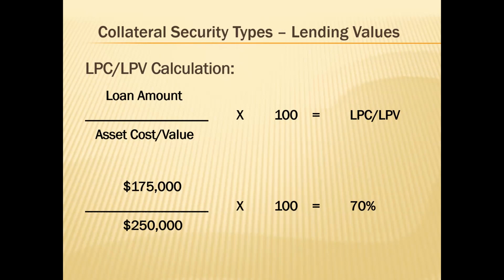He's taken out a mortgage of $175,000. That's your numerator. So $175,000 over the asset value of $250,000 times 100 gives you 70%. It means the loan as a percentage of the value is 70%.